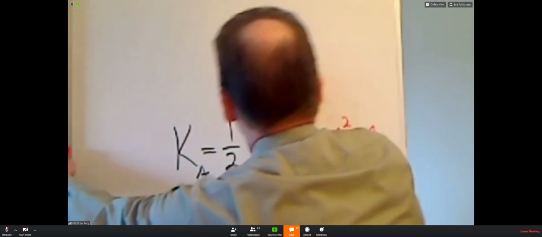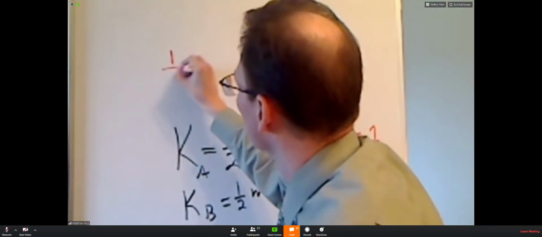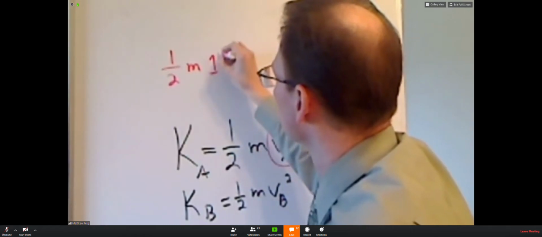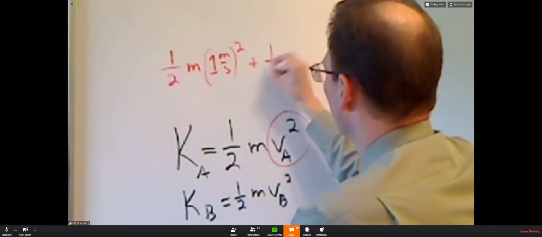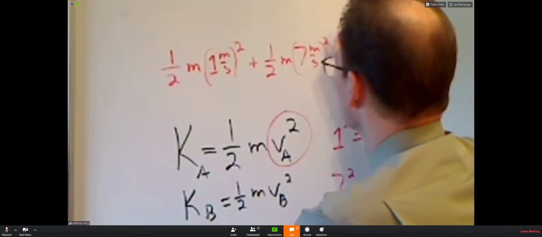You could set up a nice equation. You could do something like this: 1/2 m (1 meter per second) squared plus 1/2 m (7 meters per second) squared.